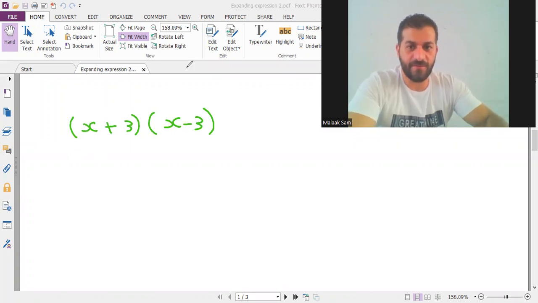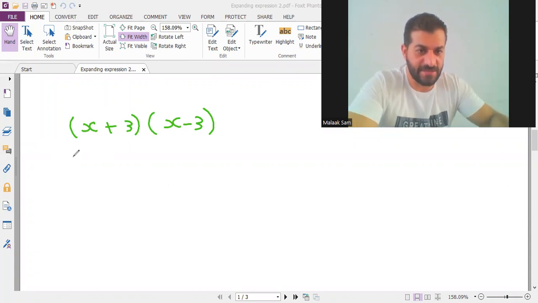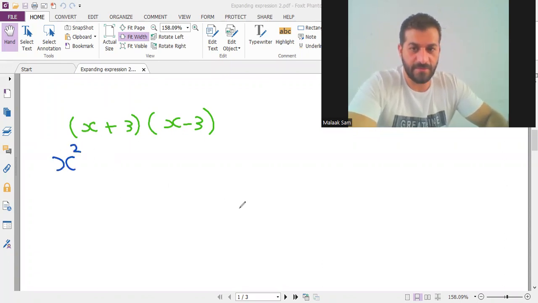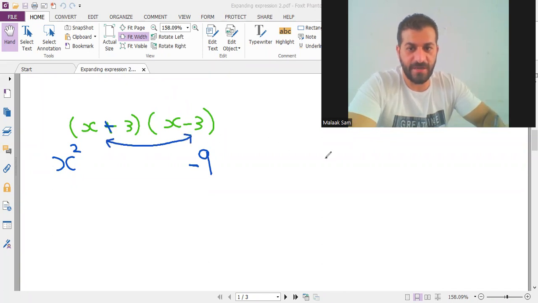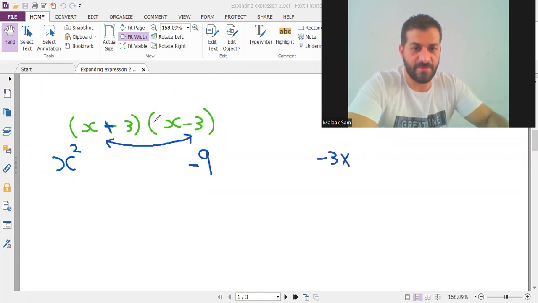Multiply the first by the first. So x times x is x squared. And the second multiplied by the second, plus 3 times negative 3, is negative 9. After that, the product of extremes, negative 3x, plus the product of means, 3x.